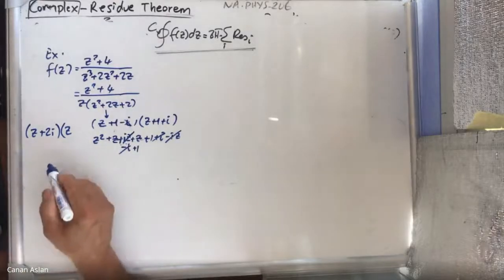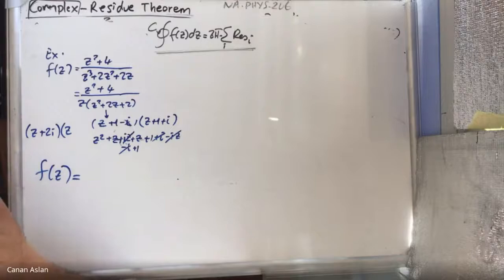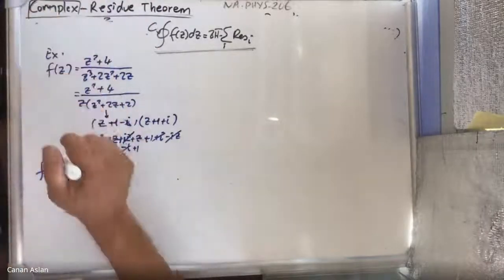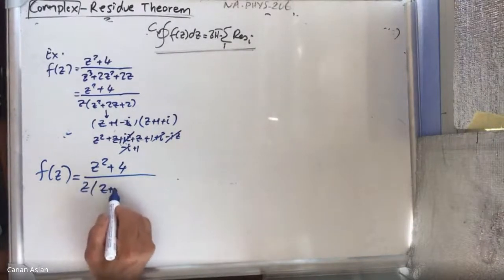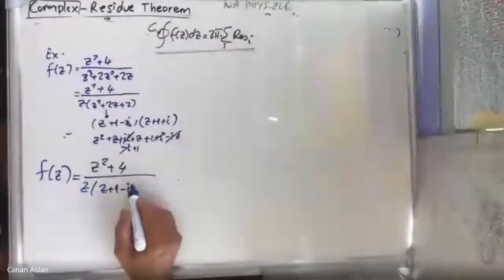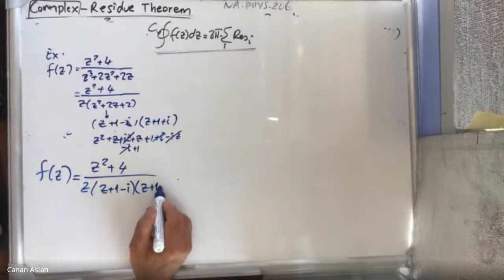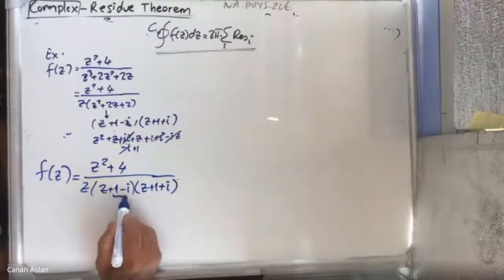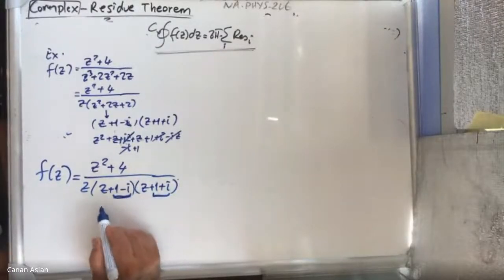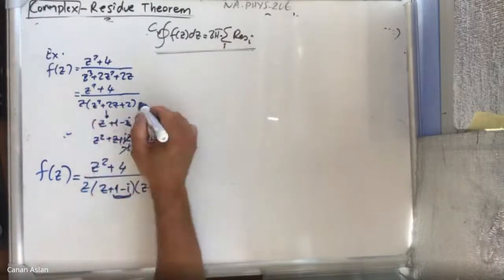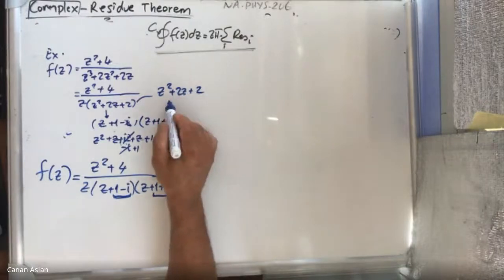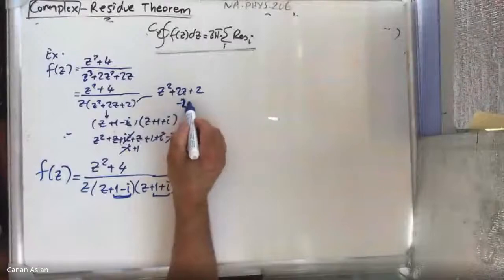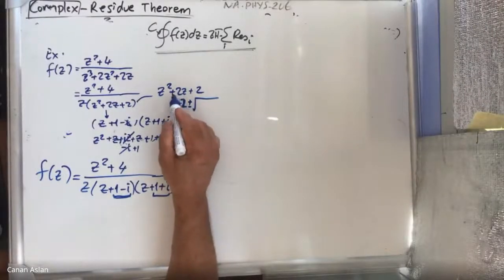So basically, this function can be written as z squared plus 4 divided by z times (z plus 1 minus i) times (z plus 1 plus i). How could we get this 1 minus i and 1 plus i as the roots? It's simple, because for this second order equation, if you set z squared plus 2z plus 2 to 0, you can get the roots by minus b, which is minus 2, plus and minus the square root of b squared minus 4ac, which is 4 minus 4ac.